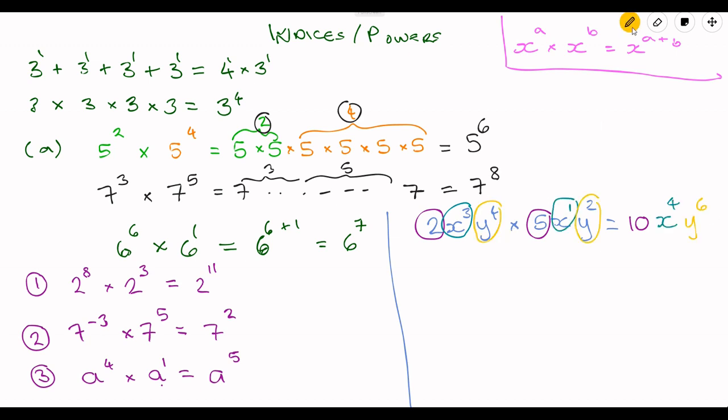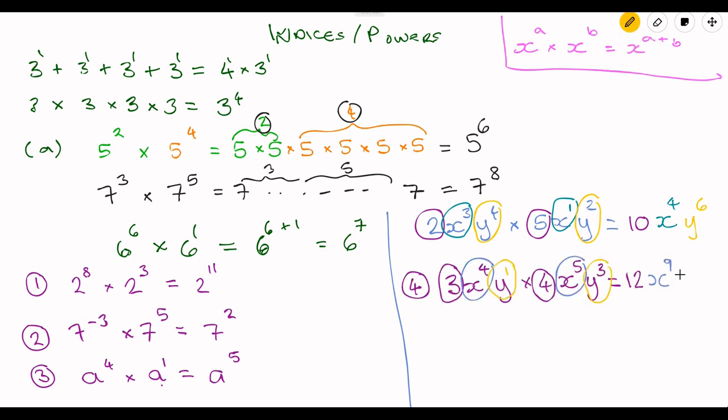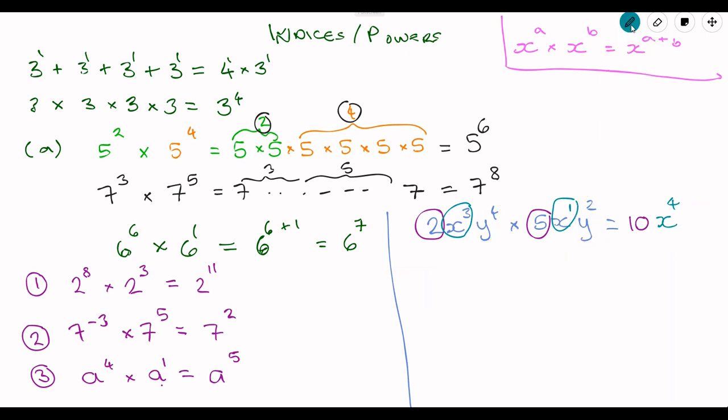That would give, adding the powers, 3 plus 1, that's 4. And then finally, let's look at the base with a y. And then multiply, so we can add the powers. 4 plus 2, that's 6. And that's it.